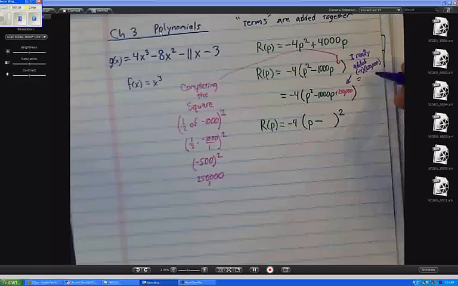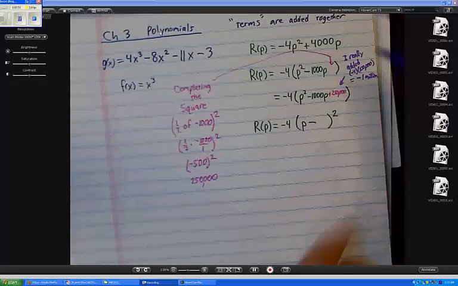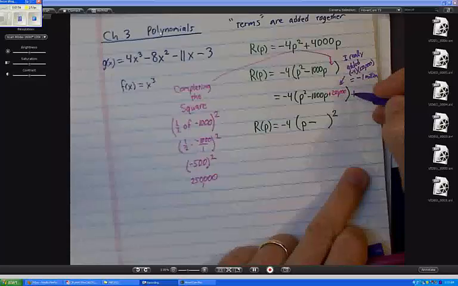I really added negative 1 million. Does this make sense? Okay? So I really added negative 1 million, which means, what do I have to write? When I write that plus 250,000, I really added negative 1 million. If I don't want to change it, I have to write plus 1 million.